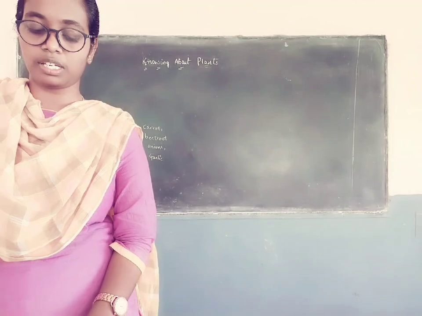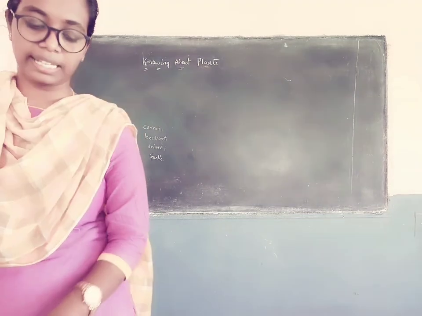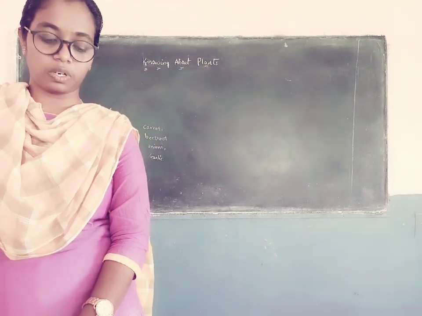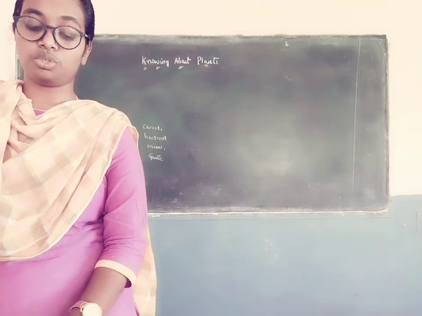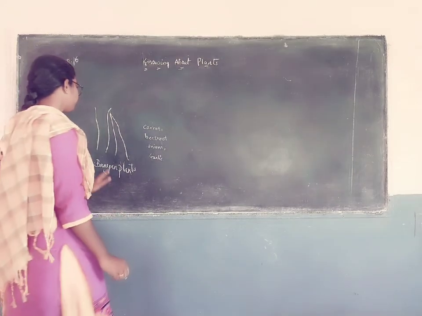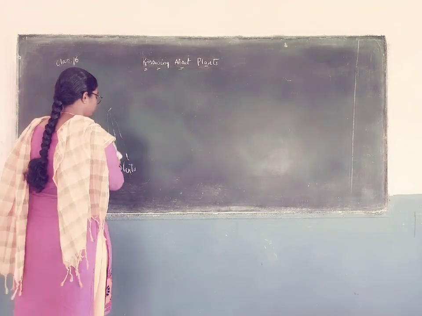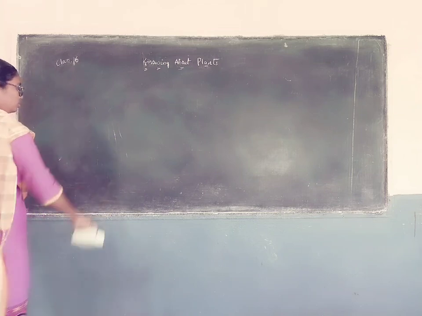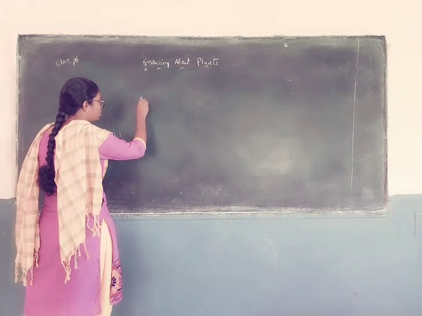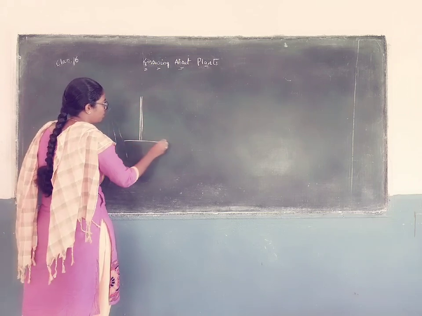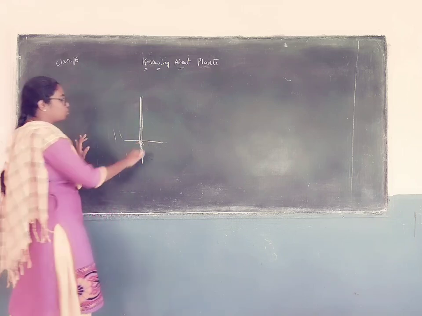Okay, next part is about stem. Already we have learned about the root, and the next part is the stem. The aerial part of the plant body above the ground is known as the shoot system. The stem is the part which comes from above the root system.